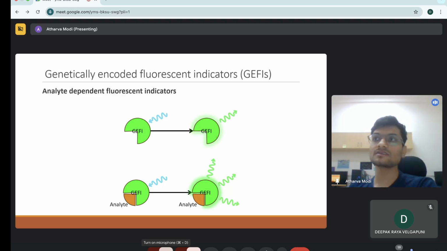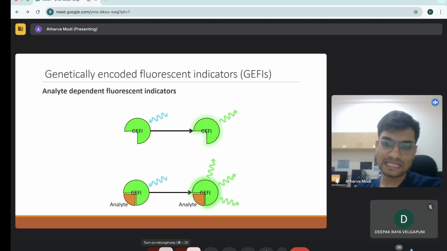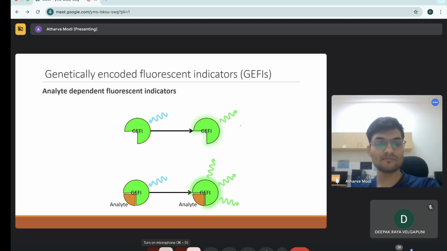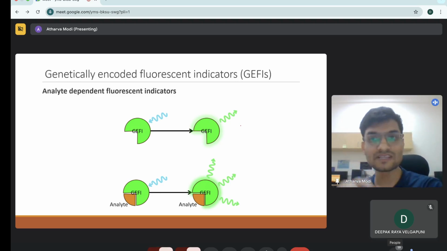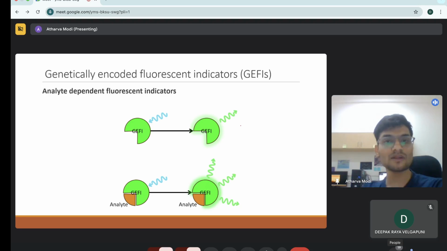So what Himanshu suggested was that the wavelength should change, but what people have achieved in the field of molecular biology is to create genetically encoded fluorescent indicators which don't change wavelength, but which change the intensity of emission based on the analyte's presence or absence.